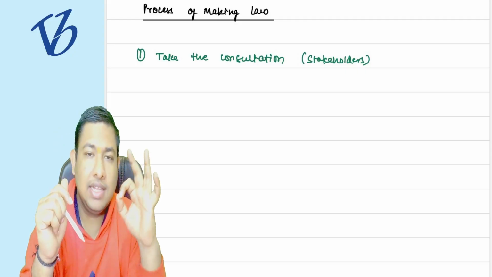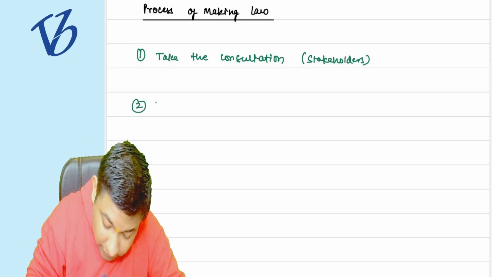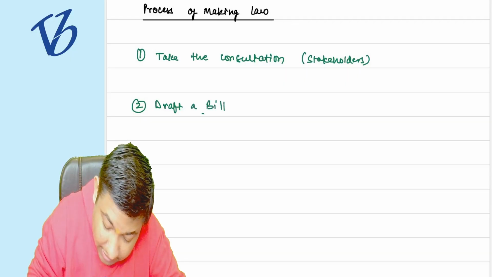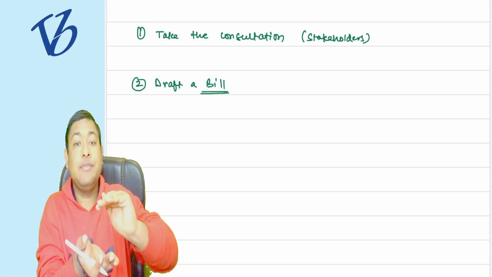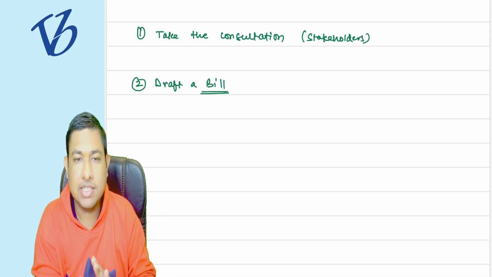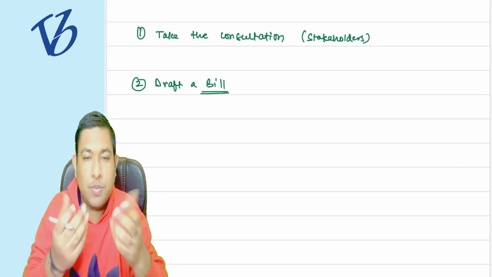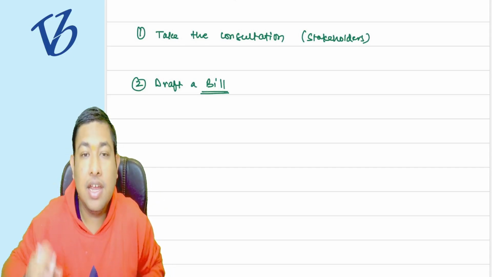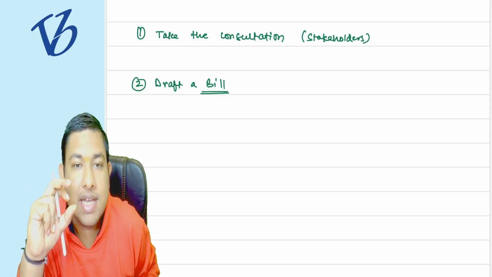Then, based on that consultation, they will first draft a bill. It will be a law, but a draft law. Because it is not passed, it is known as a bill. Whatever the draft is, it is known as a bill.